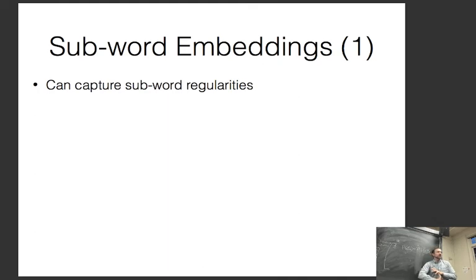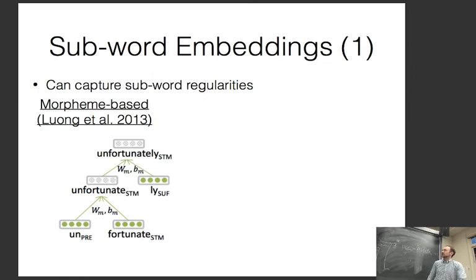So one way to get around this is to do subword embedding. Subword embedding basically looks at the characteristics of the subwords. And this is a relatively early attempt to do this. This was with recursive neural networks.